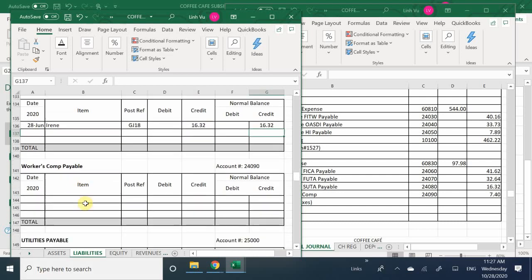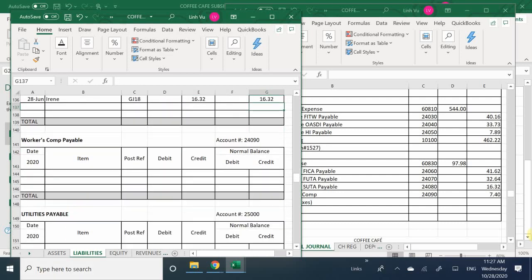And then lastly, what's my workers' compensation? Oh, actually, comp payable. $7.40. Okay, so Irene. $7.40.